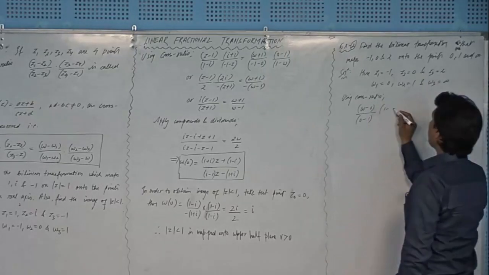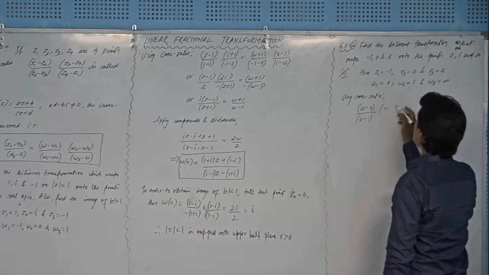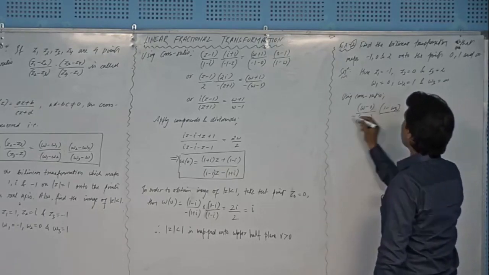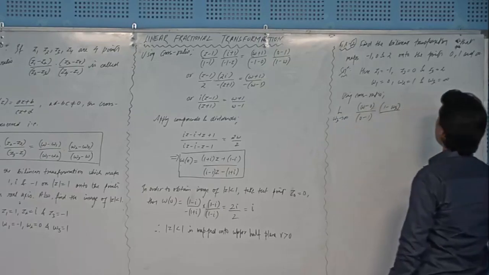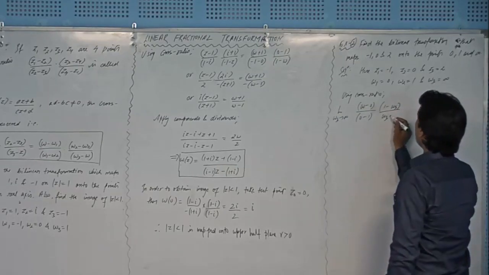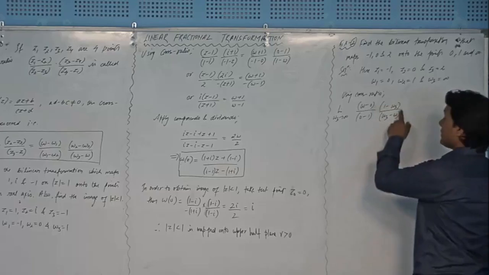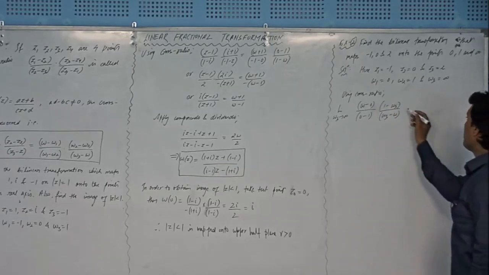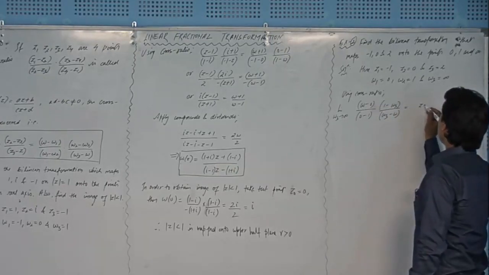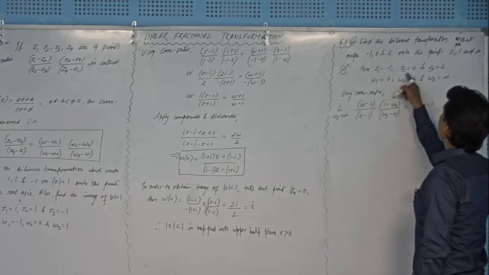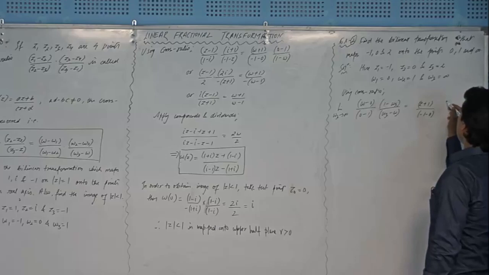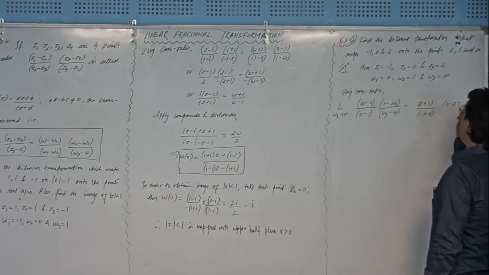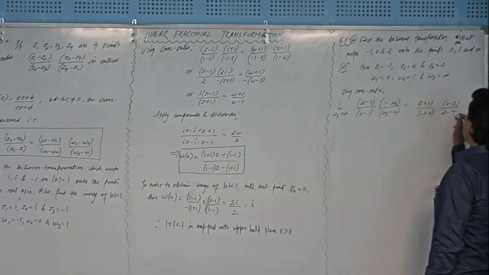So I will not write infinity actually here, I should write w3 here, and I will write limit w3 tends to infinity, right? And similarly w3 minus w, do not write infinity, right? Okay, equal to z minus z1, z1 minus z2, z2 minus z3, 0 minus 2, and z3 minus z.